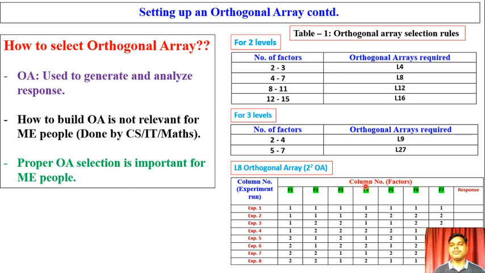So this row of factors shows the factors which affect the response of the parameter that we want to discuss. Okay, and in every column we can see that there is a perfect balancing for low as well as high level, so that the experiment will not go towards a single side. So it will be a balanced response, right?